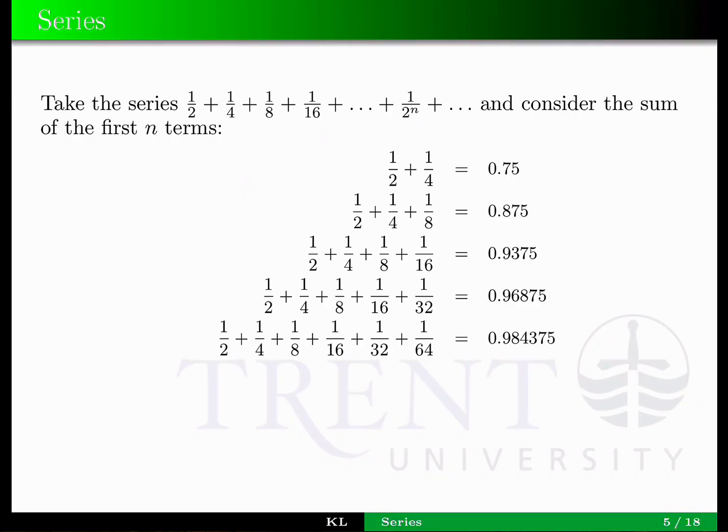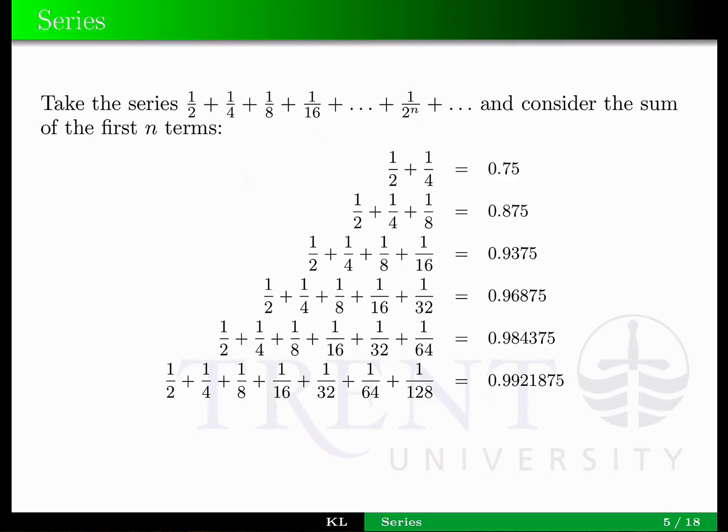So in here, we have the sum of the first six terms, and the sum that we have obtained is 0.984375. And the next one, if we add 1 over 128, the sum will become 0.9921875. So let us analyze this quickly.